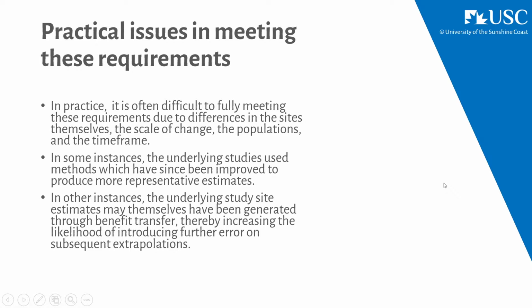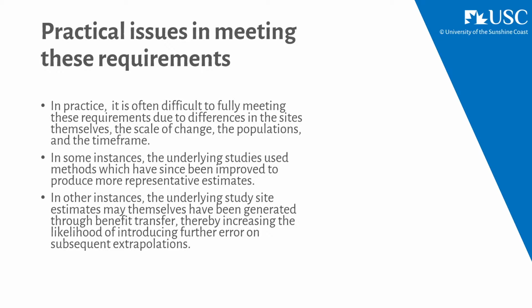So in practice, it's often really difficult to meet all of these requirements simultaneously. Even though there would be hundreds of different evaluation studies, if not thousands, for the particular policy site we're interested in, only a subset of those original studies would be relevant.